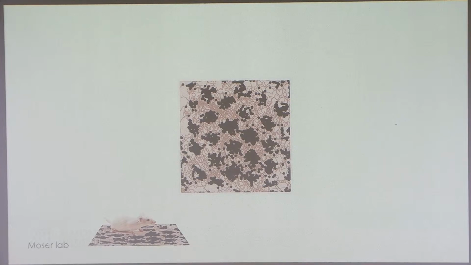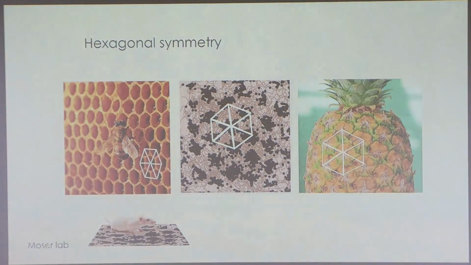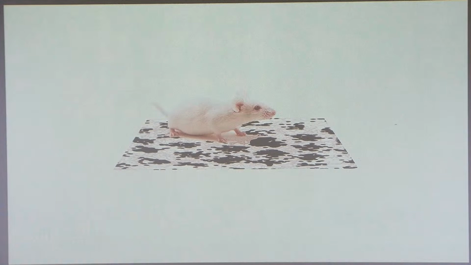And so obviously the most prominent property of this pattern is the hexagonal symmetry, and that's what grid cells are well known for. And it's also a symmetry that you can see in many places around nature, especially when you are trying to tile surfaces. And almost most of what we know about grid cells comes from rodents running on surfaces.